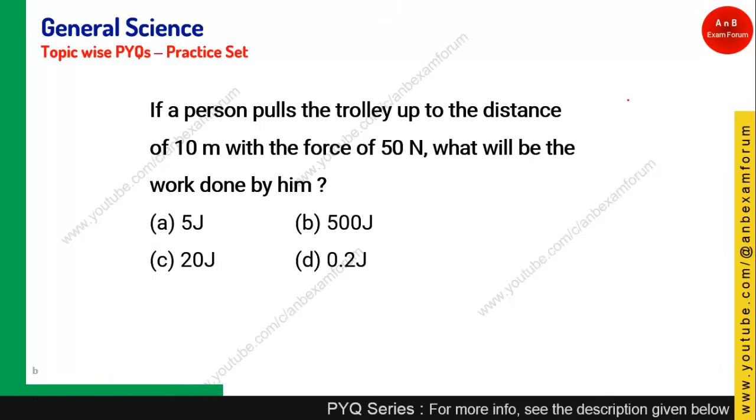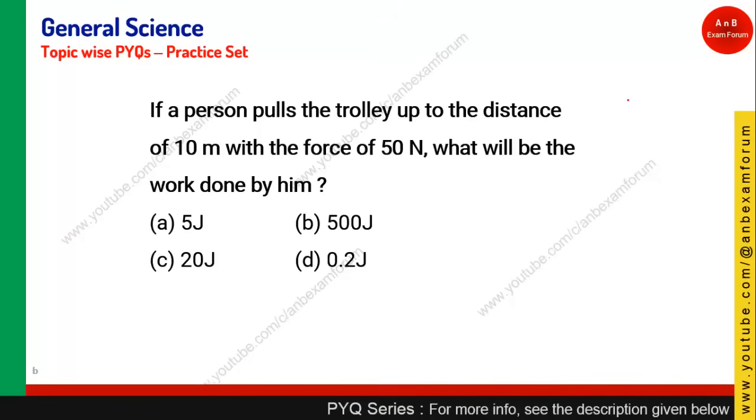Let's see the next question. If a person pulls a trolley up to a distance of 10 meters with a force of 50 Newton, what will be the work done by him? This is a numerical part, and in the exam you can face numerical questions. So for numericals you should know the formula: work done equals F d cos theta, or F into S into cos theta.